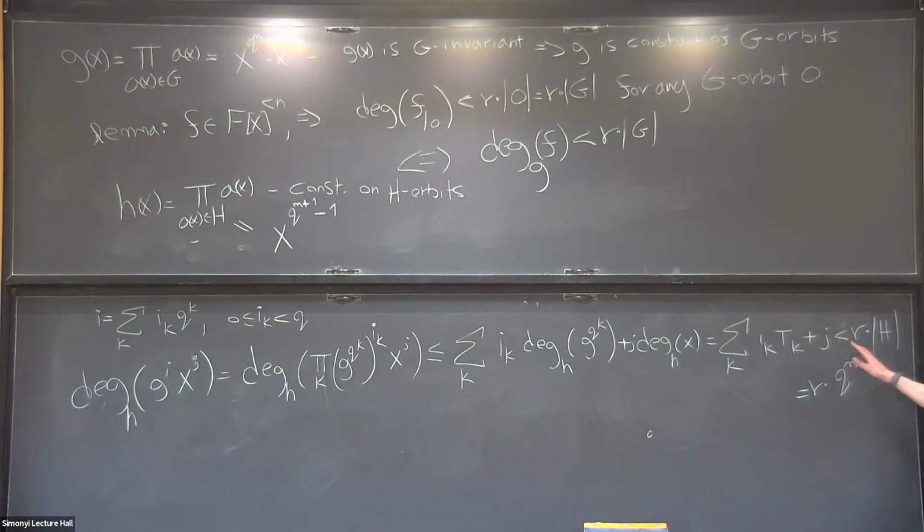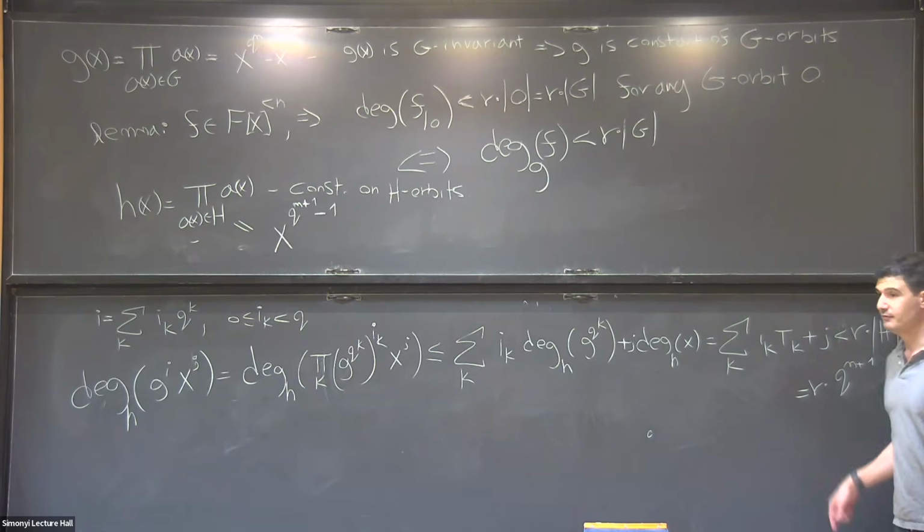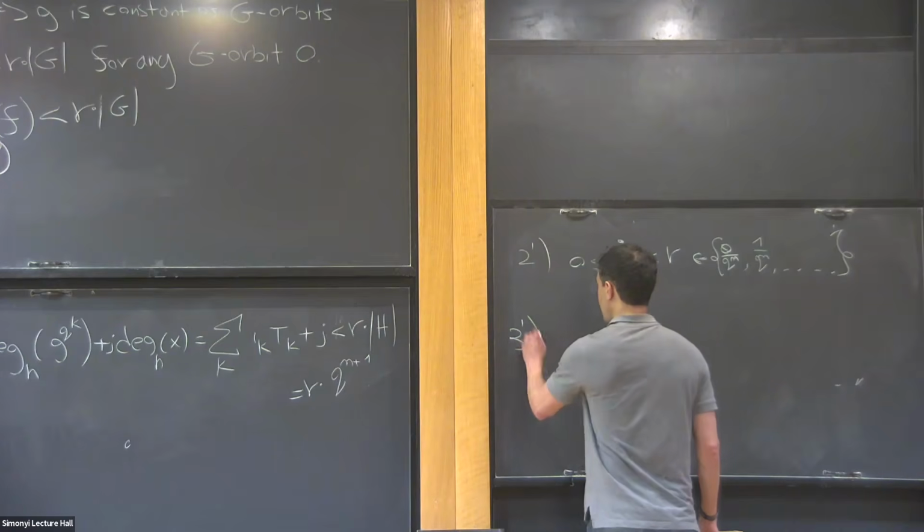Maybe the correct version, but there's the same intuition. If you let Q tend to infinity, then the contribution of J does not. Okay, so maybe I do the analysis. Okay, so I just divide this inequality by Q to the M plus 1. So I get 3 prime.